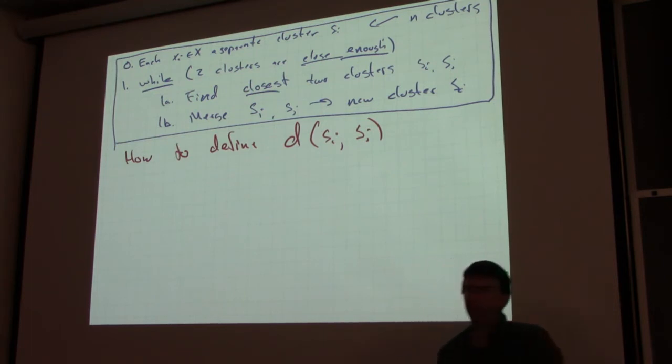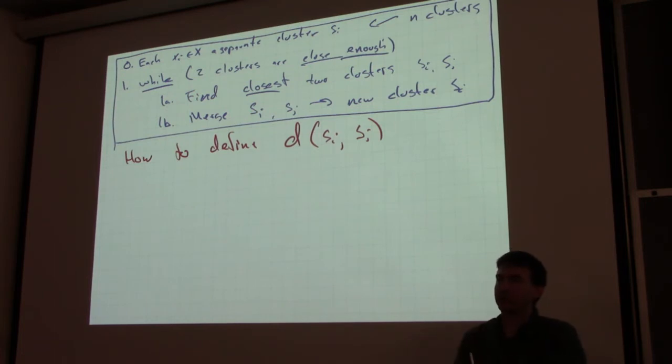But if we don't have that, then what should we do? How should we define this? So it's like every cluster will have a center of mass point, and then we can use that somehow.